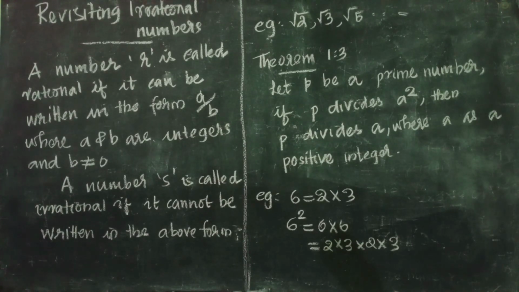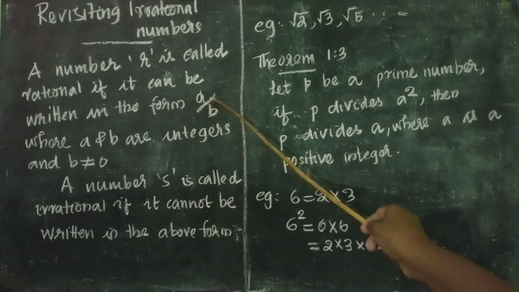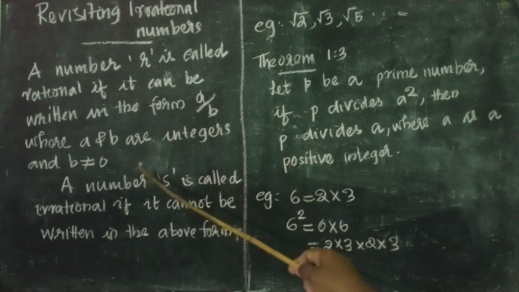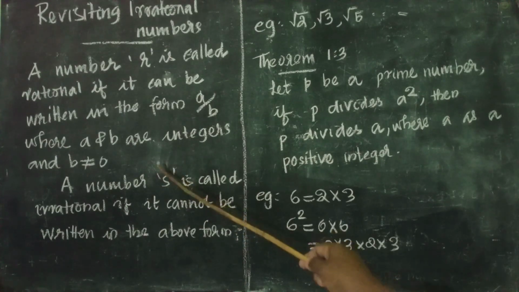One of the theorems we use in our proof is the fundamental theorem of arithmetic. So let us recall, a number R is called rational if it can be written in the form a by b, where a and b are integers and b not equal to 0.